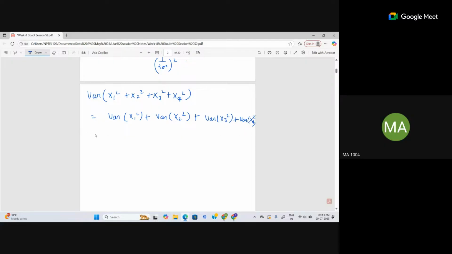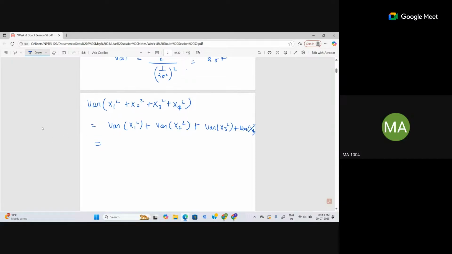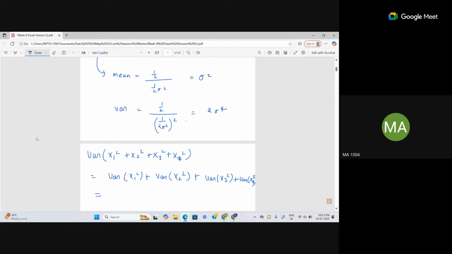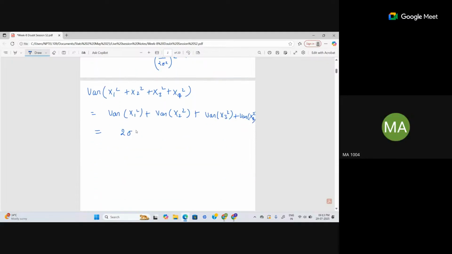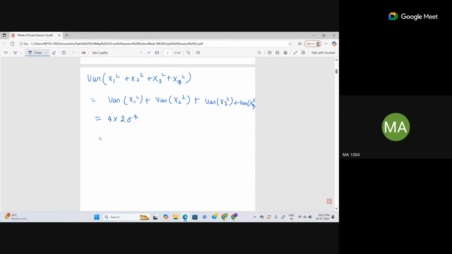Now we know the variance for these random variables. This will be 2 sigma to the power 4, and this is for all four variables, so we have to add it 4 times. So it will be 4 multiplied by 2 sigma to the power 4.